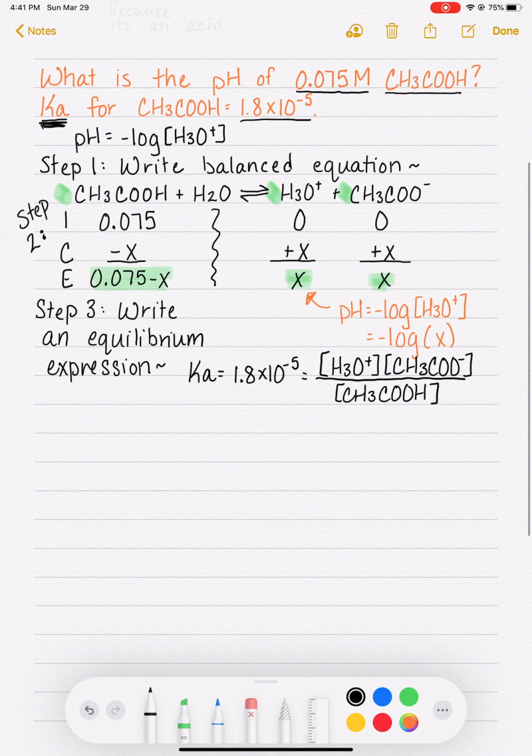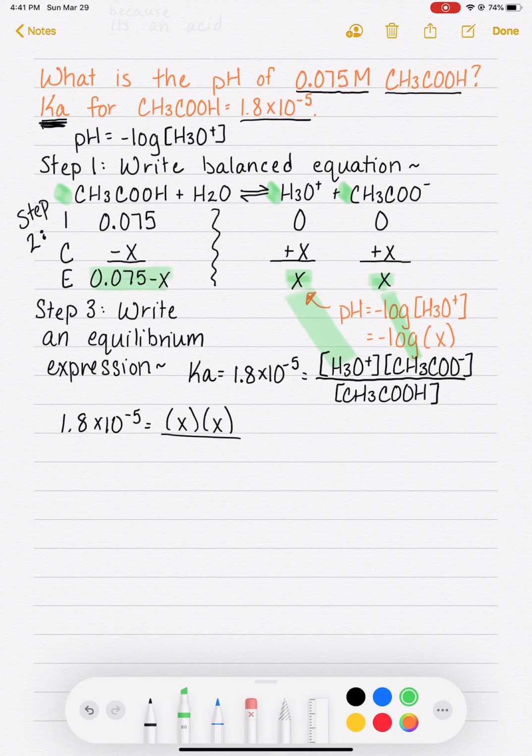So we're going to get 1.8 times 10 to the minus 5 equals X, our H3O+ value, we don't know what it is yet, and X, our CH3COO- value, over 0.075 minus X, which is our CH3COOH value.